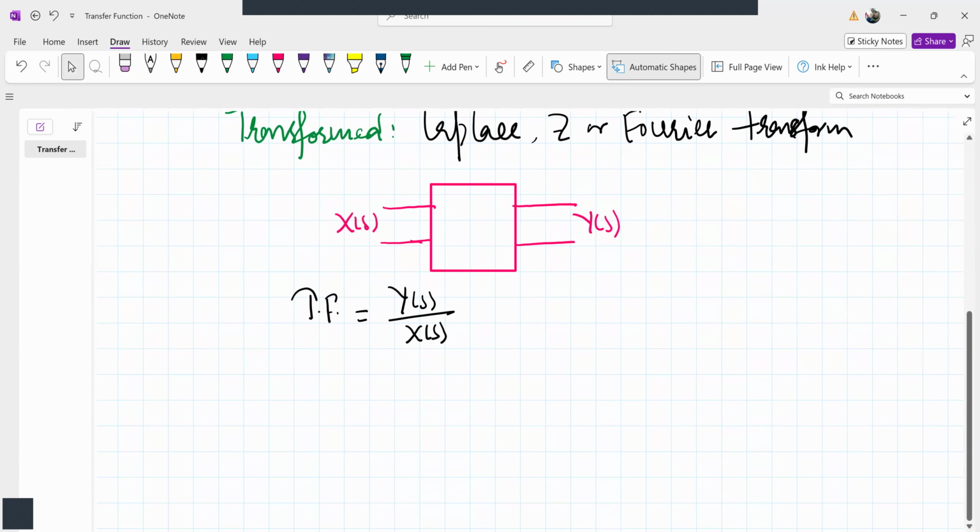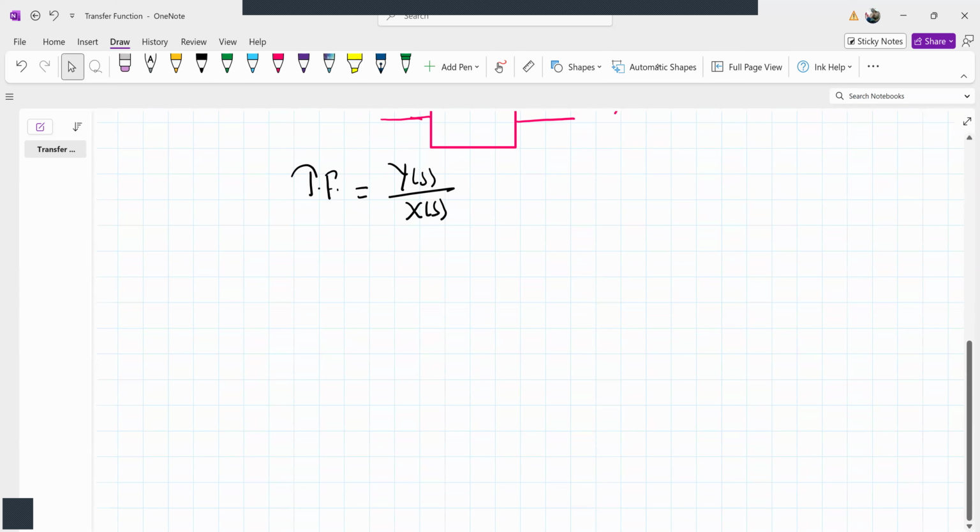Output transform divided by input transform is the transfer function of a system or network. In this session, we'll learn first how to obtain the transfer function of a network, and second, if we know the transfer function, how to determine the output of that system.